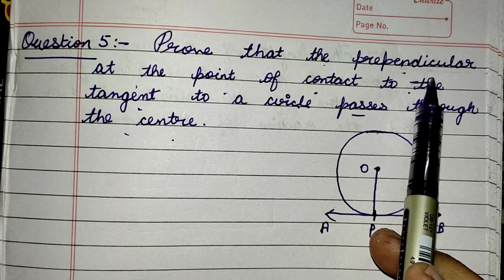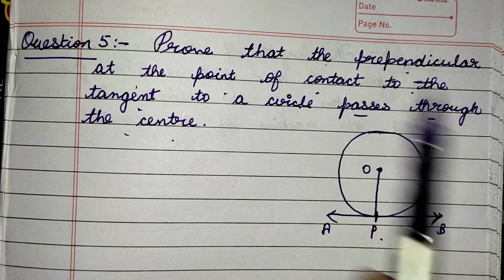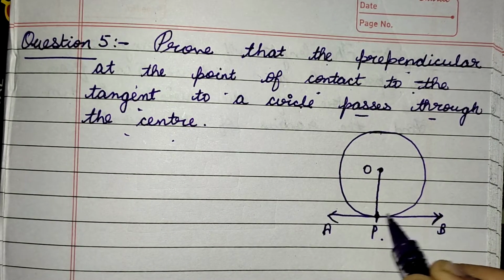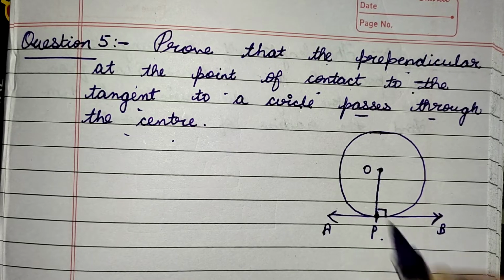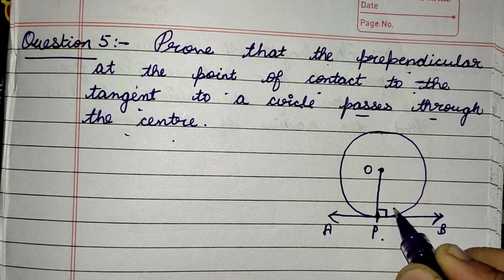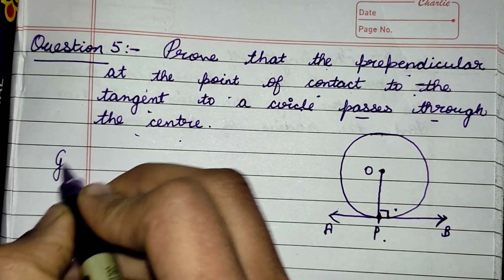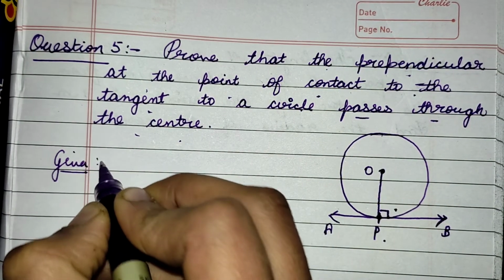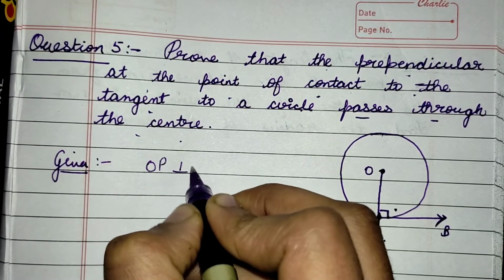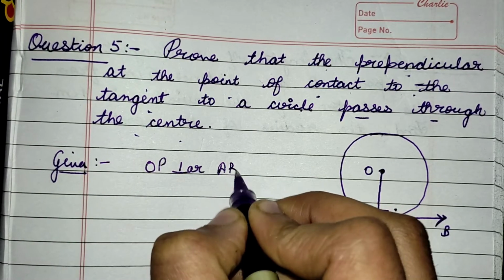Prove that the perpendicular at the point of contact, at this point of contact, there is a perpendicular. It is given to you that this angle OPB is equal to 90 degrees. So given is what? Given is that OP is perpendicular to AB.